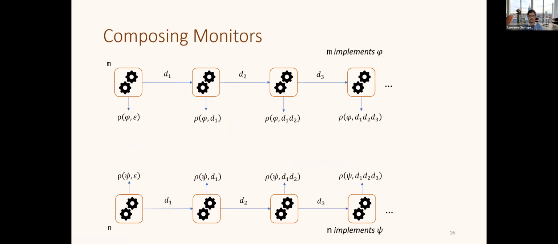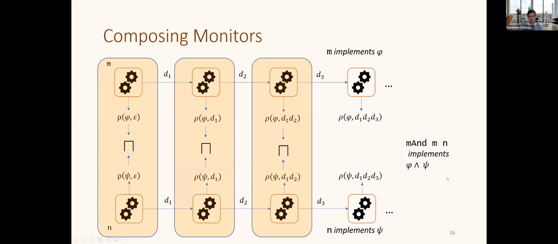Consider some monitor M, which implements a monitor for the formula phi, and a monitor N for the formula psi. Now we could combine them in the following way. We could consider a monitor which internally keeps a copy of M and N, and given new inputs, it steps them forward by feeding both of them the same input, and as for its output, it computes their meet.